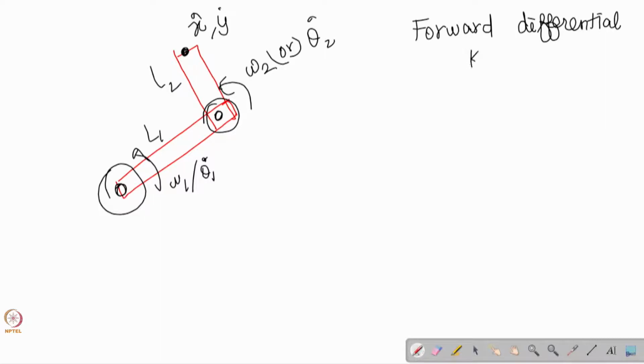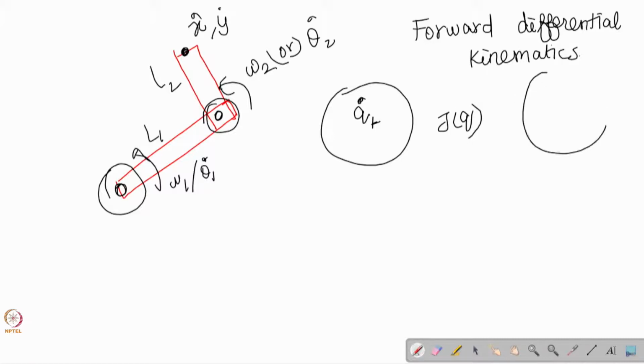So this is what is forward differential kinematics. What that means is you have q or q dots known, and J of q is known, and you are trying to find out what mu dot is. This is what you call forward differential kinematics. Okay, so now the other way around. The mu dot is known, and you are trying to find out q dot.